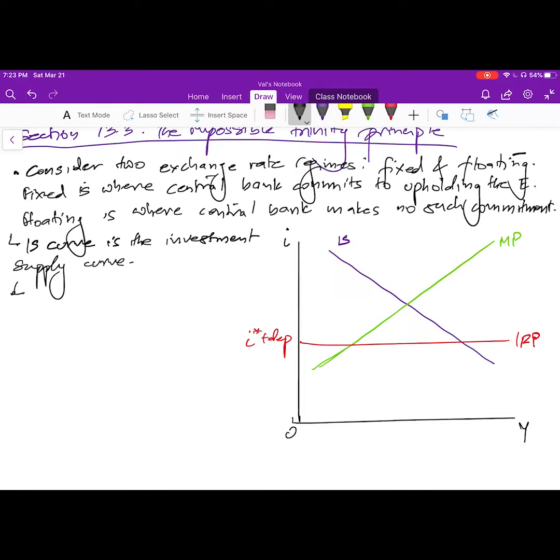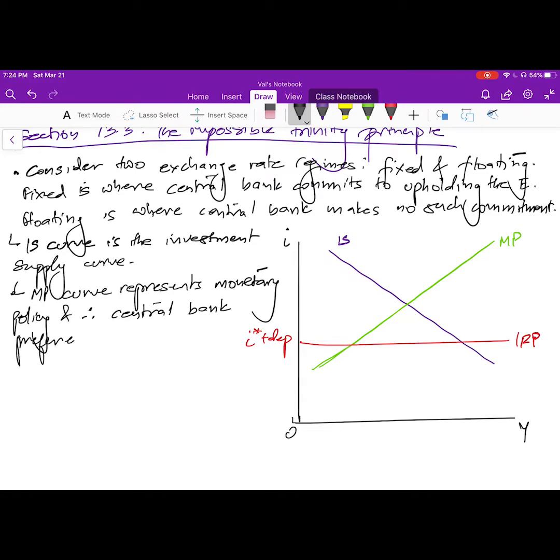The MP curve represents monetary policy and therefore central bank preferences. So of course the IS curve slopes downwards because as the interest rate increases, output decreases.